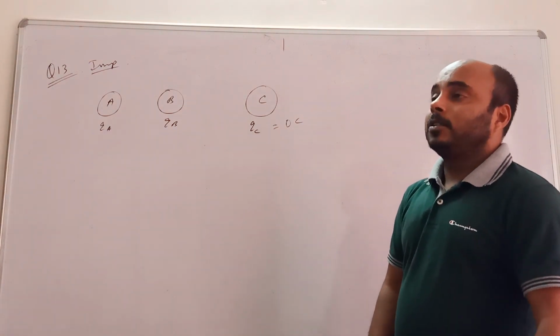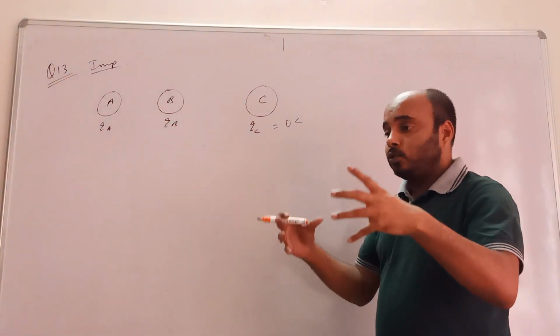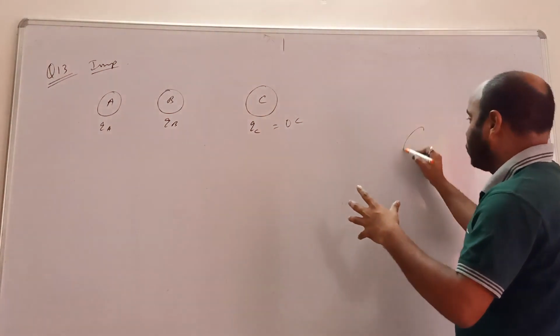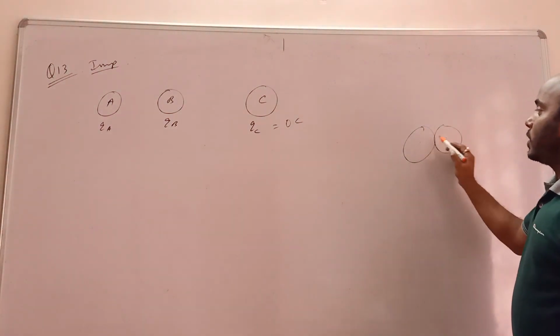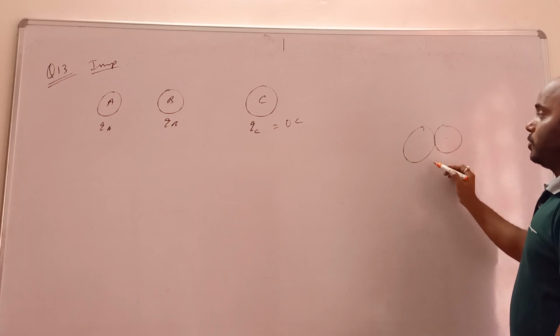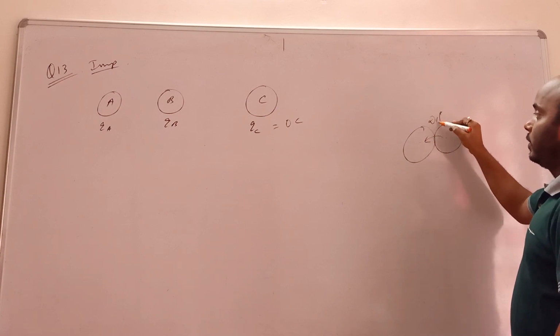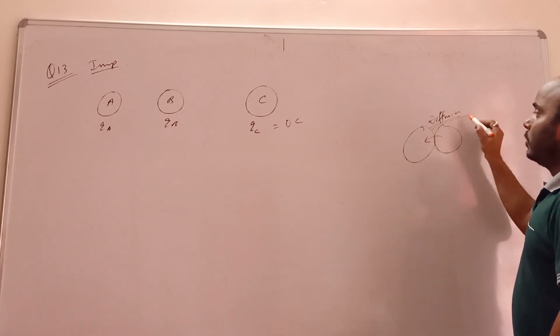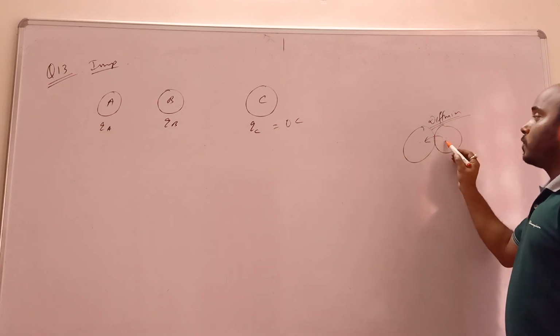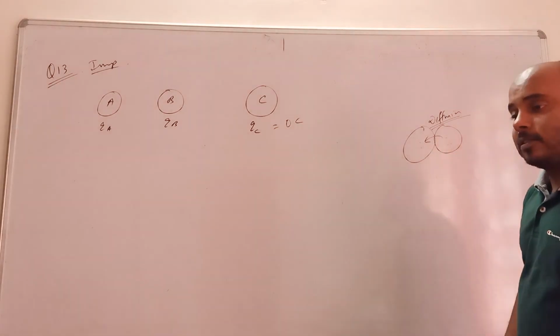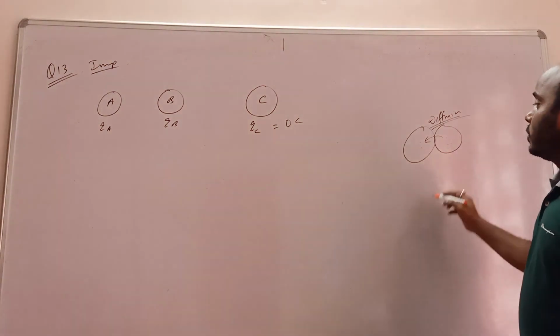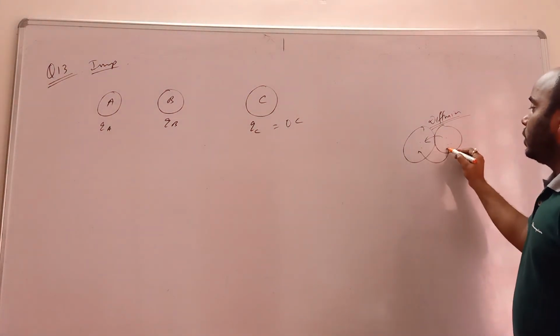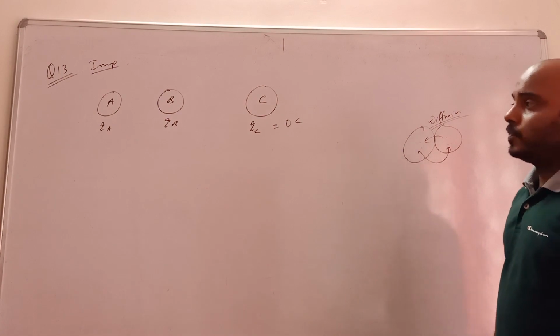Now the thing you need to think about is what will happen when these pairs are in contact. In theory, I taught you that when two bodies are in contact and these bodies have different charge concentrations, diffusion happens. Why is diffusion happening? Because of charge difference. These two bodies will have different charges. So till when will diffusion happen? Till both the bodies acquire the same charge.